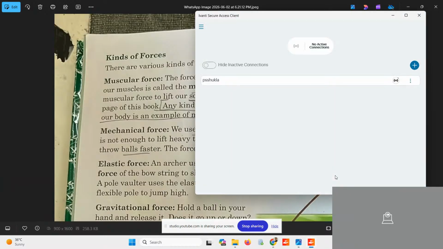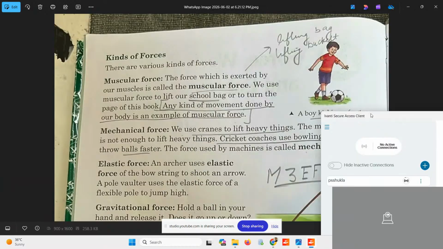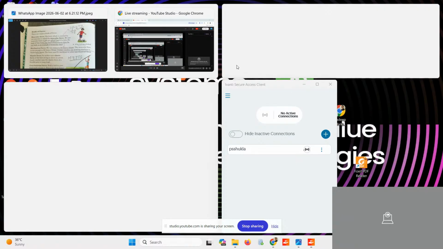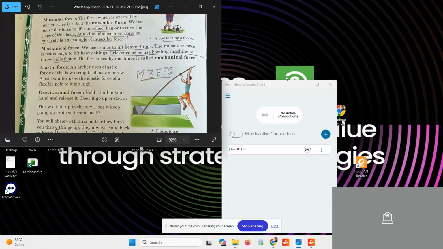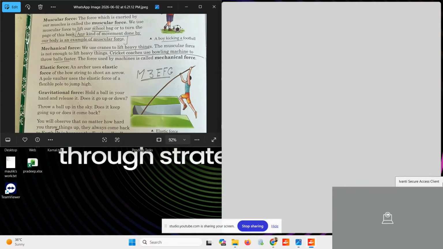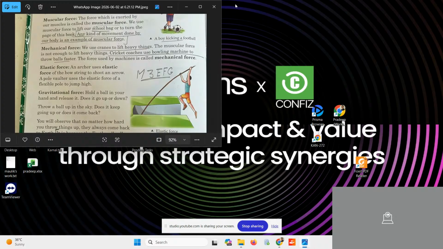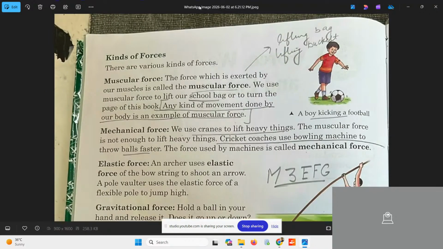How to remember them? It's a very easy technique. Keep this technique in mind, M3EFG.